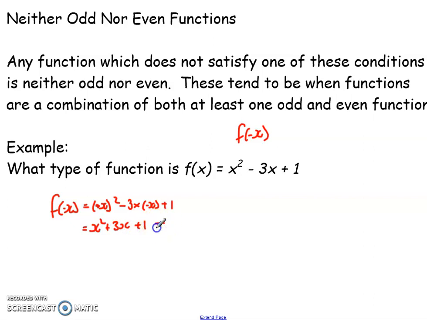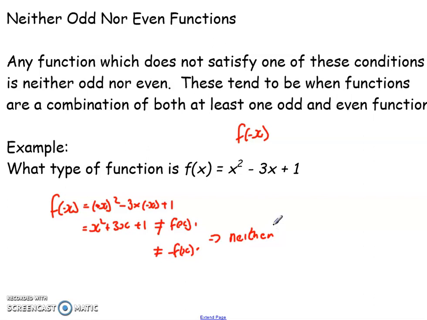Now that there isn't equal to the original function f of x. I've got plus the x here, but it's actually minus the x in there. So it's not equal to that, it's not an even function. But it also is not equal to negative f of x. So what that means, it can't satisfy the even condition, it can't satisfy the odd condition, so we know then that it's neither even nor odd. It's neither the even or the odd function.